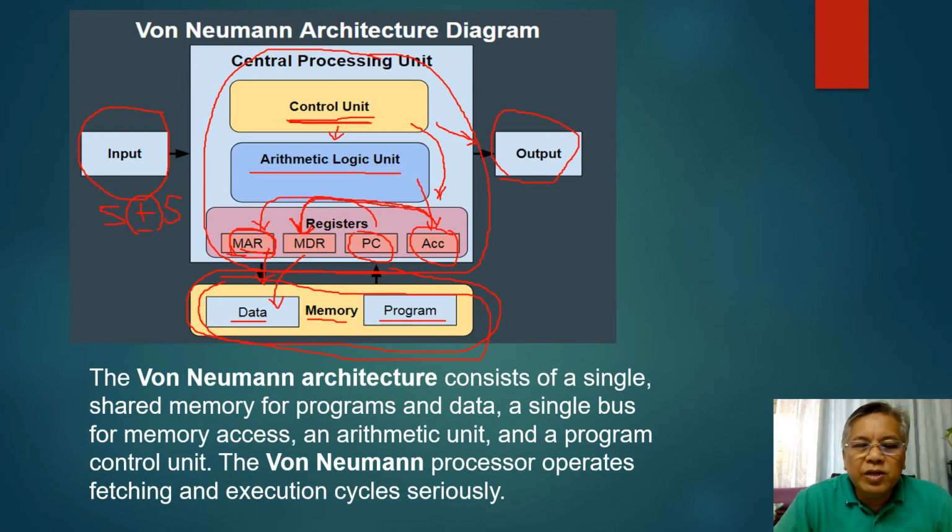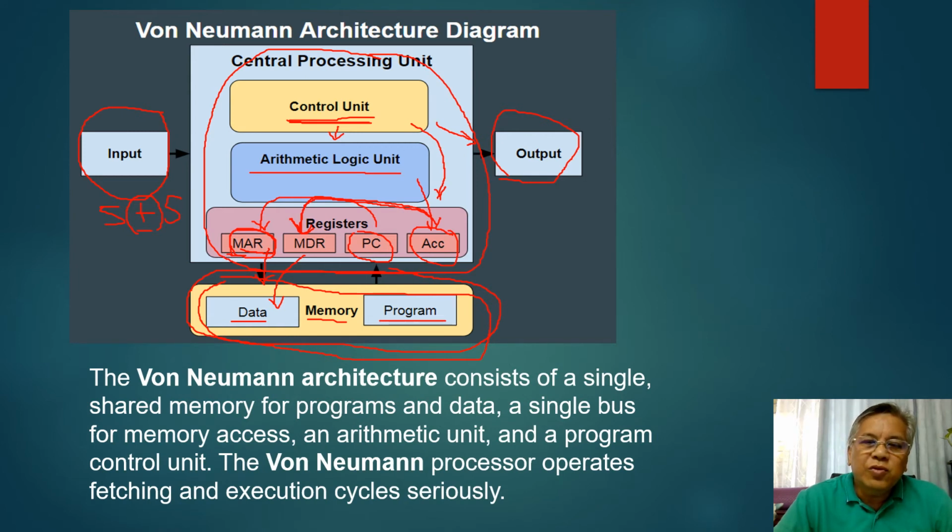So, na-open na itong register R sub 0, the data from your MDR will now be transmitted or be stored into your register R sub 0. The content now of your R sub 0 is the result of your arithmetic logic unit operation.